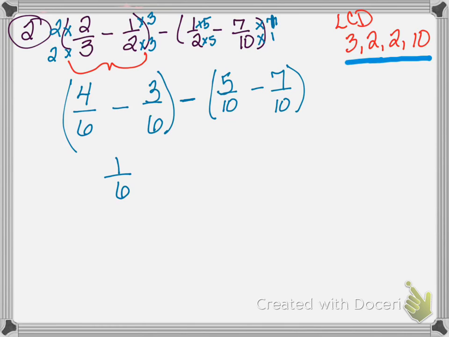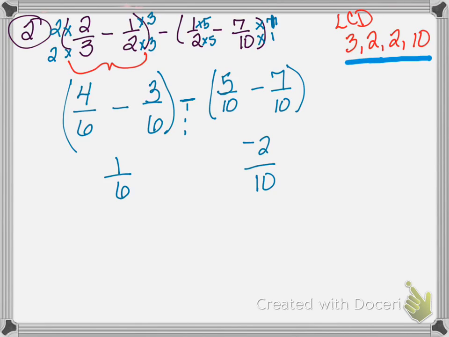It will be negative. Once we subtract it, it's 2, but it is negative because negative 7 has the higher absolute value. So negative 2 over 10.